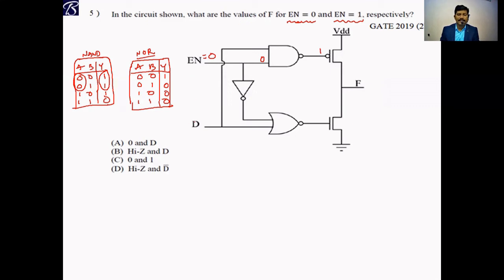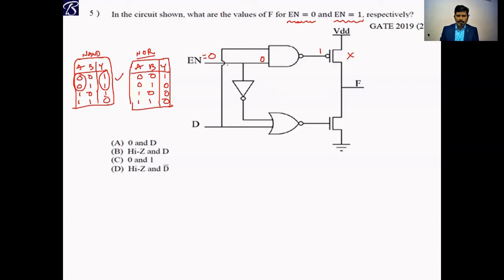You don't care about whether D is 0 or 1, right? Whenever one of the inputs is 0, the output is compulsory 1, whether the other input is 0 or 1. So that's why it is 1. So whenever this is 1, what happened? This is switched off, right?